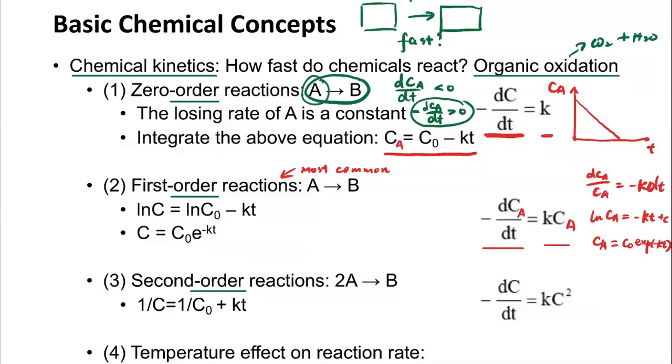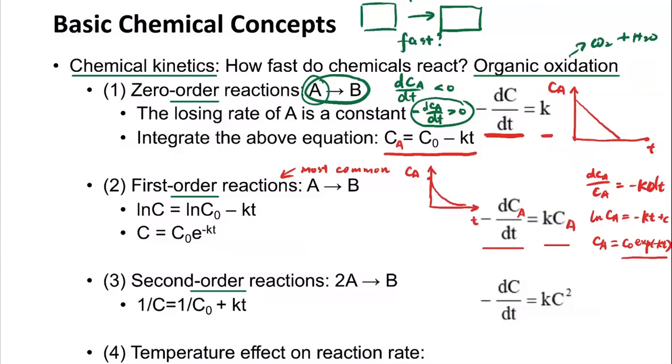For this reaction, if we plot the concentration as a function of time, it's just going to decrease exponentially. Infinite time later, the concentration of A is going to approach zero, but it's not zero yet, right? So we have this exponential term here.